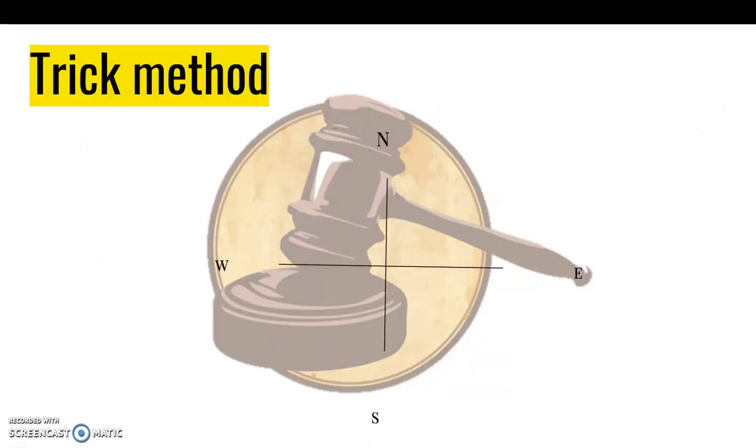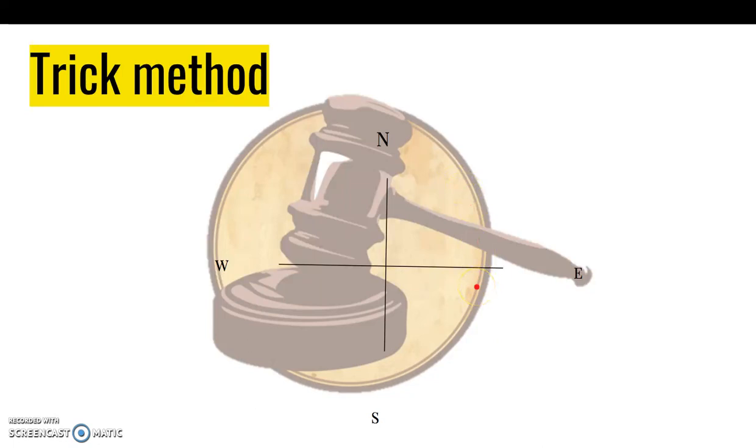Now we will study the trick method. The previous one takes almost 45 seconds, but with our trick we can reduce it to 20 to 25 seconds. Let's see how. In this trick you draw out the direction reference, make sure it's big enough so that we can write numbers over it.